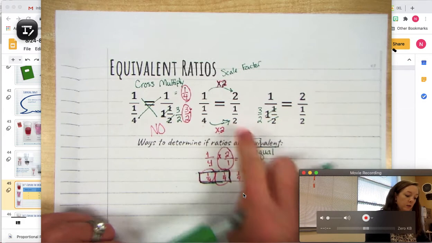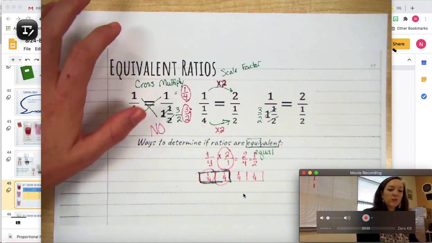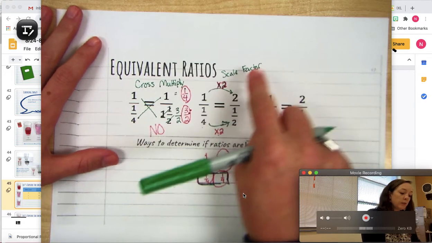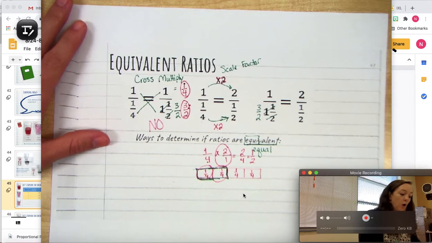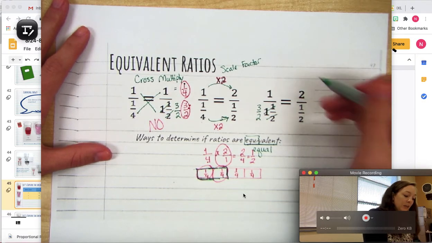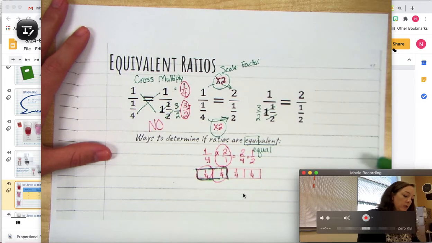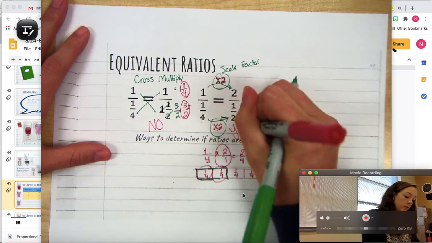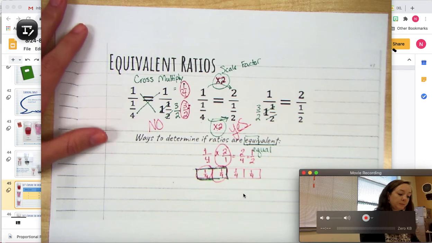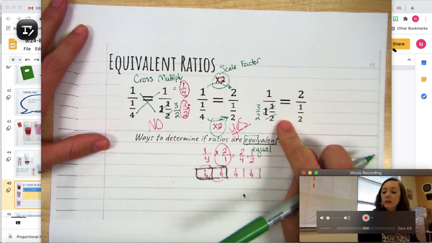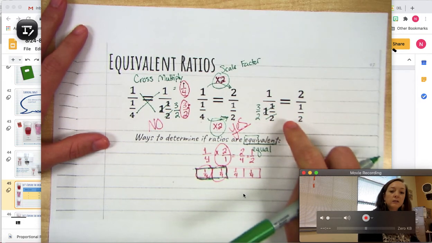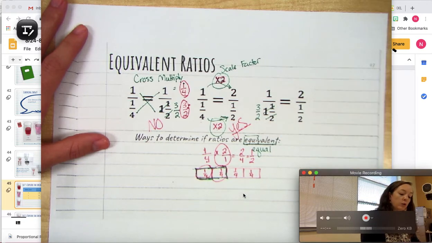So that's where you get the 1/2. I know fractions are difficult sometimes. So there's cross multiplying. You can do the scale factor method, and if they have the same scale factor, that would mean that they are proportional. So these are proportional or equivalent. And then with this method, you can find the unit rate, or you can simplify.